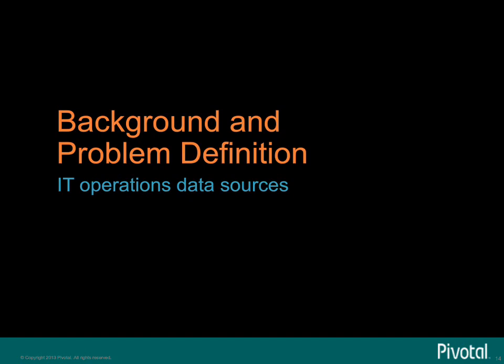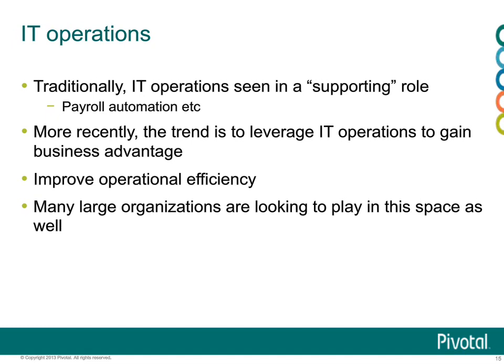Traditionally, IT operations was seen in a supporting role. They were doing payroll automation, business process automation, and things like that. More recently, the trend is to leverage IT operations to improve operational efficiency and gain business advantage. Many large organizations are looking to play in this space as well. The problem is this: the enterprise network is very complex.